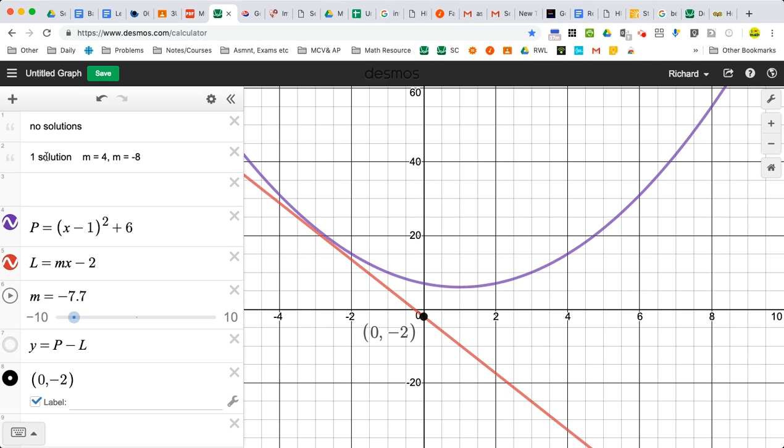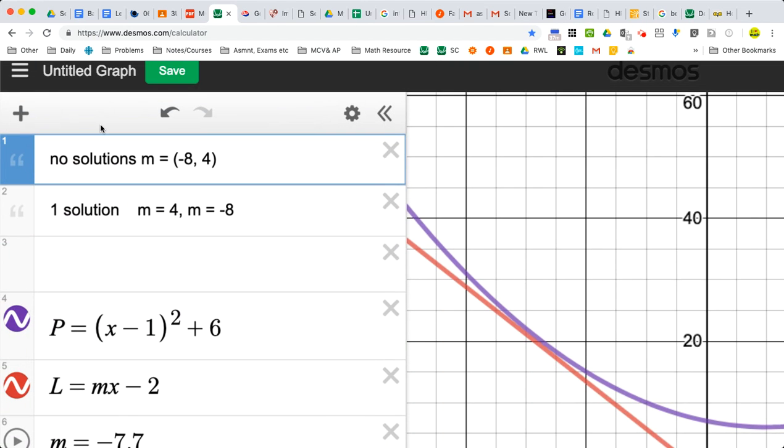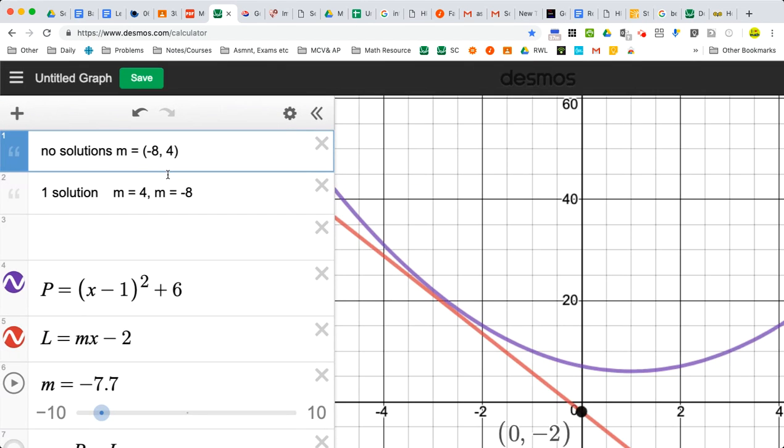So no solutions would be m equals from -8, not including -8, all the way up to 4, but not including 4. That's why it's round brackets. Okay, so I'm hoping that you can see those are no solutions.